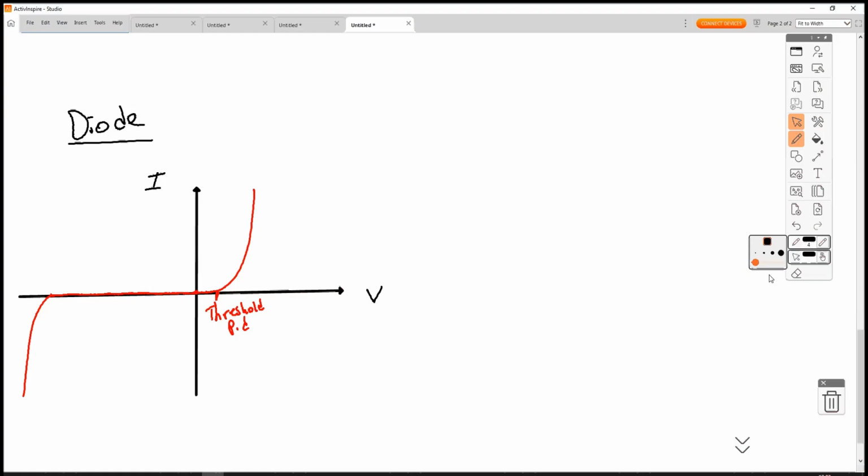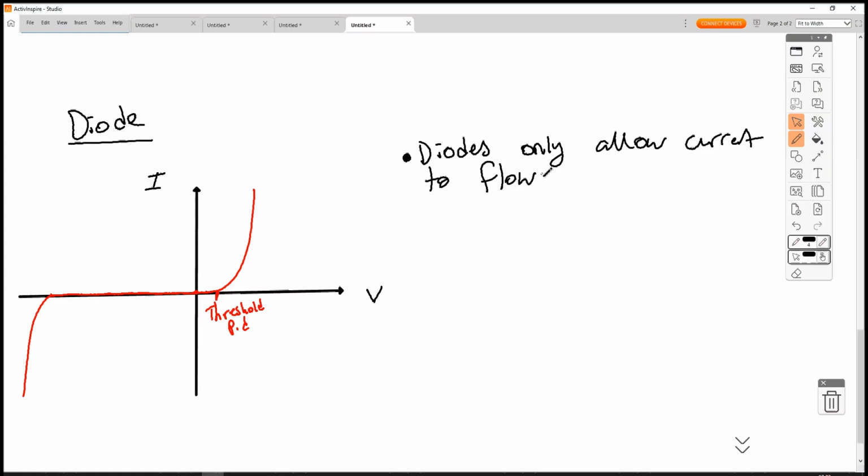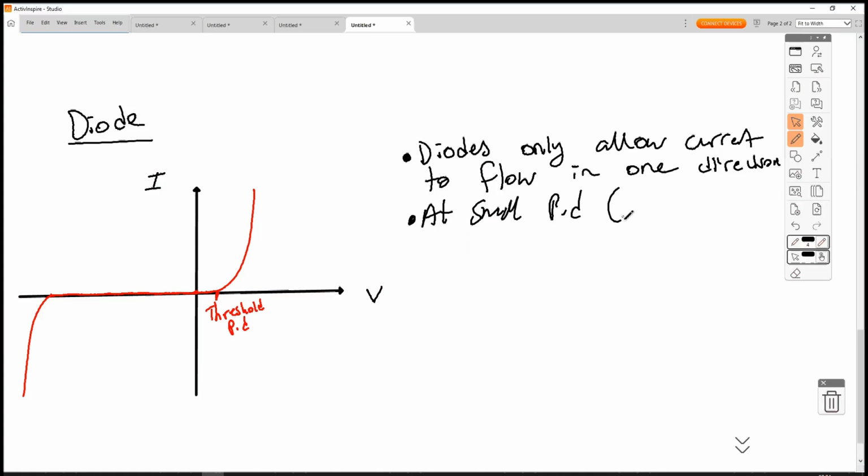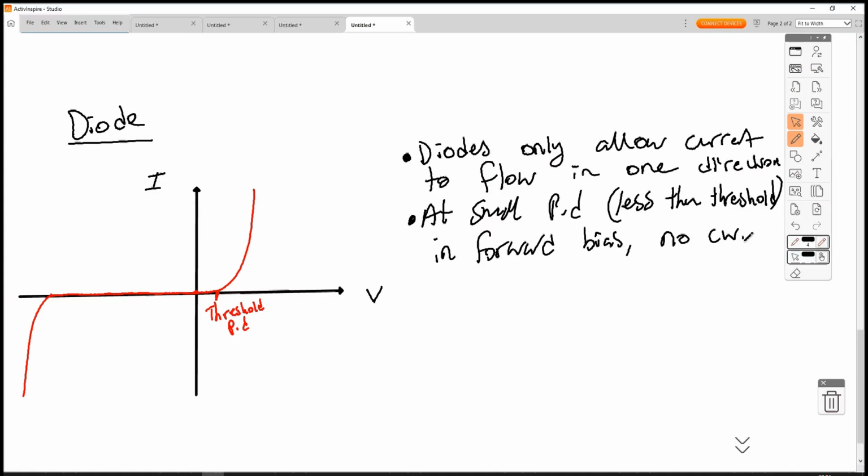So the explanation for this is diodes only allow current to flow in one direction. At small potential differences, and I'll put in brackets, less than threshold, in forward bias, no current flows.